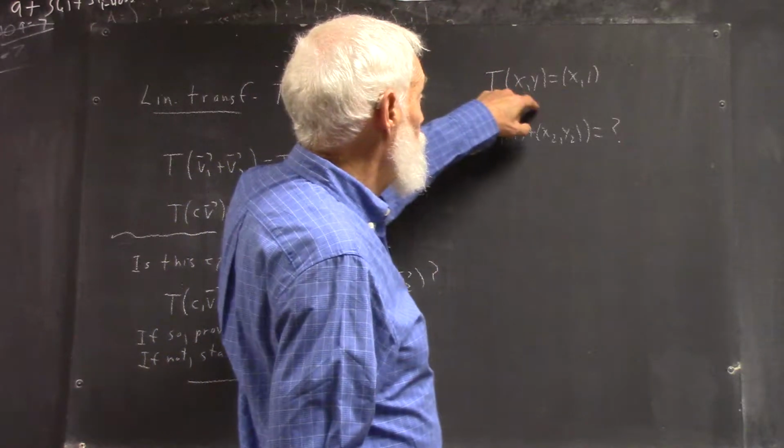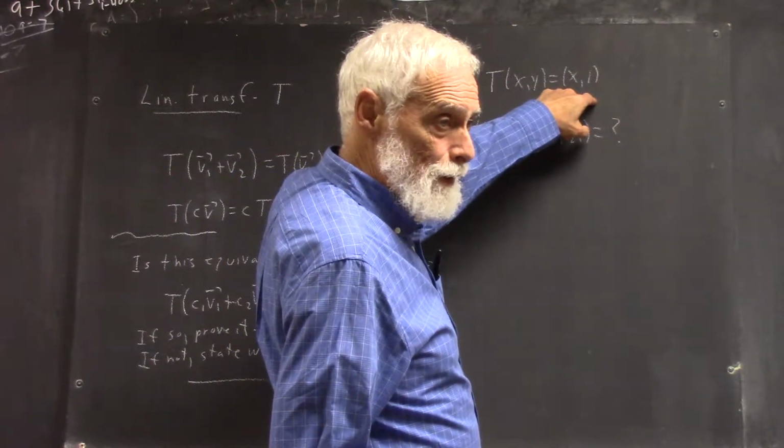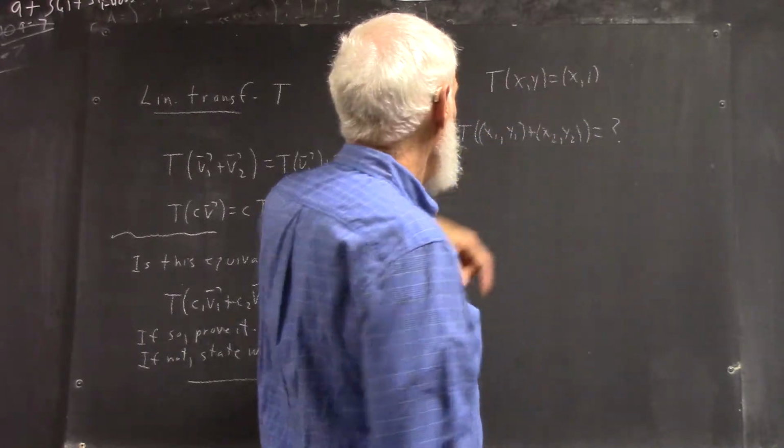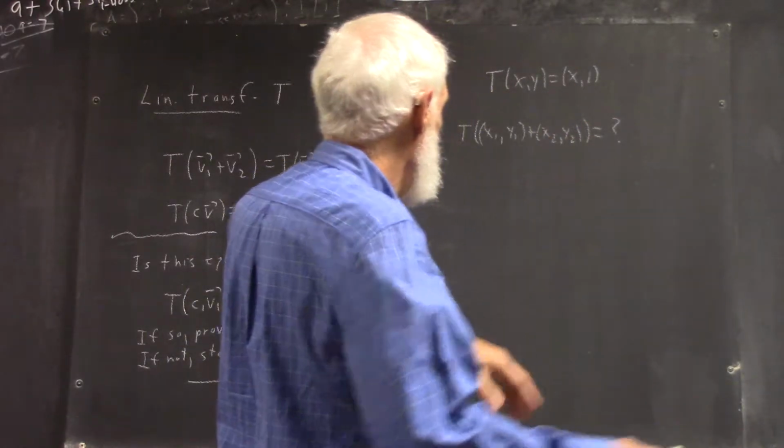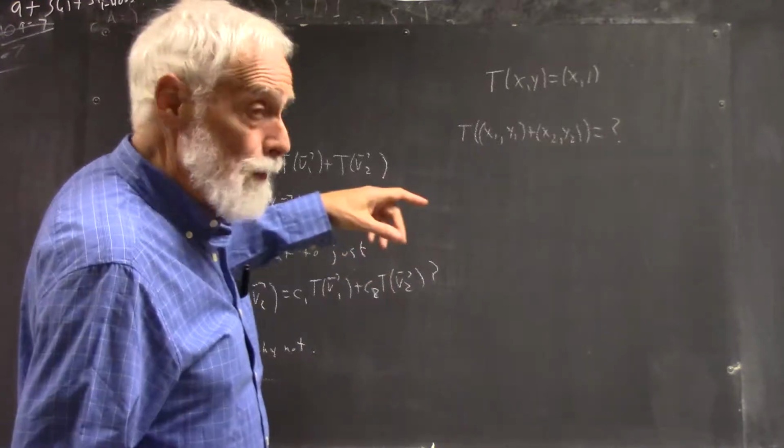Okay. Now, an example of a transformation. T of (x, y) equals (x, 1). T of the ordered pair x, y really should have an extra set of parentheses, but your book isn't using it, so I won't.